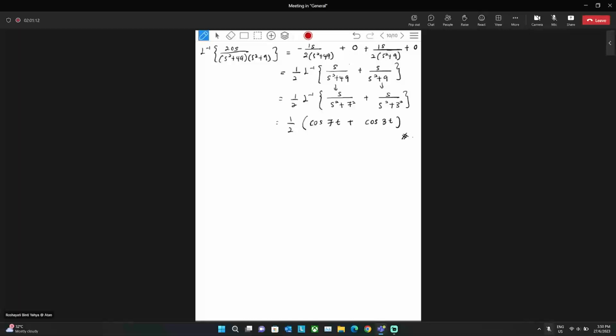Is it right? Or is it reversed? There is a negative. Right. Or you can write 1/2 cos 3t minus cos 7t.